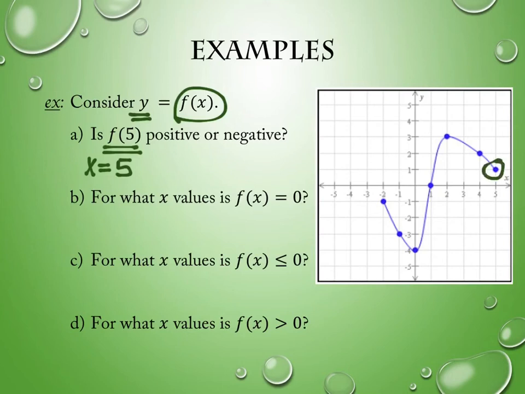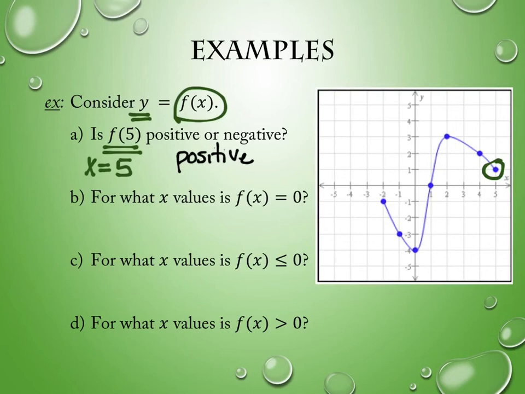You're on the far right, aren't you? This point right here. This is the point when x is equal to 5. So the question here is asking, is the y value, when x is 5, positive or is it negative? And it's positive. In fact, I could also ask you what the value is, and you'd be able to tell me. It's 1. When x is 5, y is 1, and that number is positive.